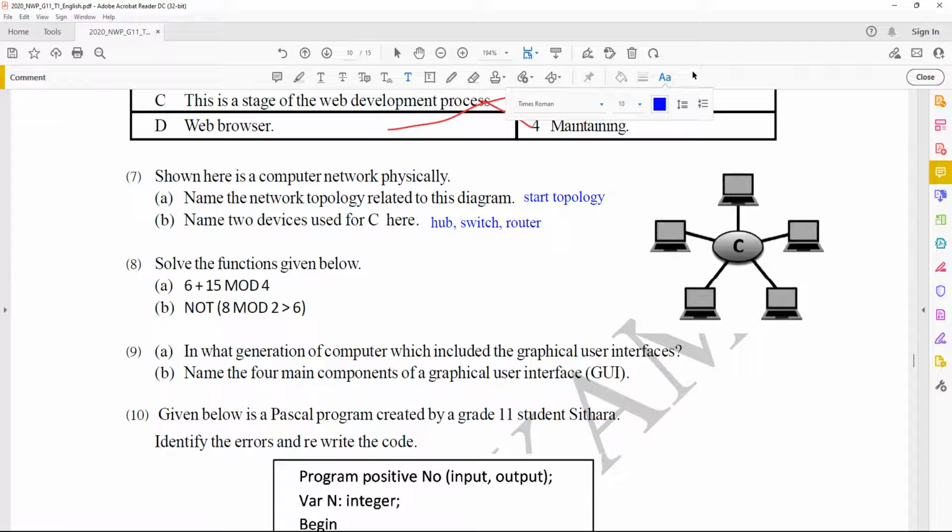Give me some examples. Let's say 10 mod 3. What is the answer? You divide 10 by 3 and you get the remainder.